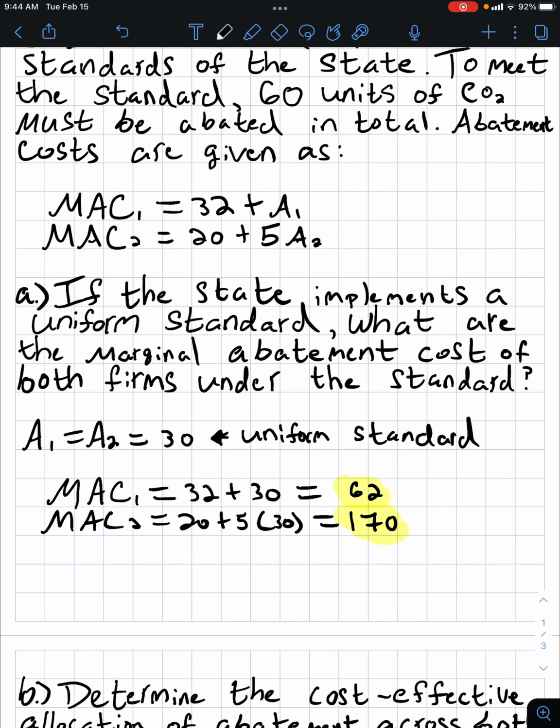And we can see that these values are not equal. So, since marginal abatement cost of 1 does not equal marginal abatement cost of 2, uniform standards are not met.